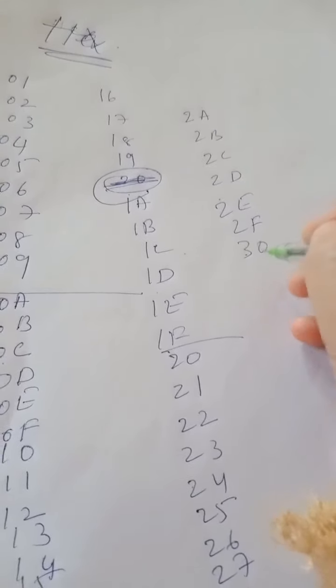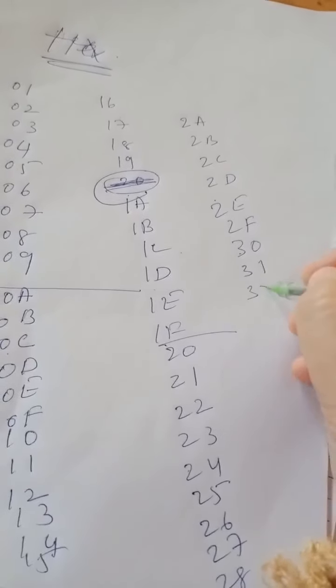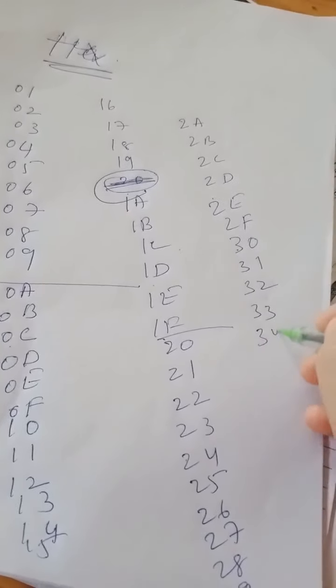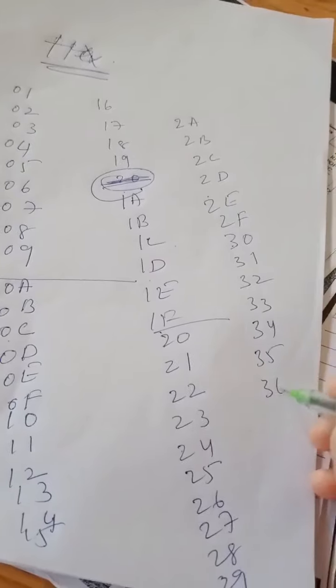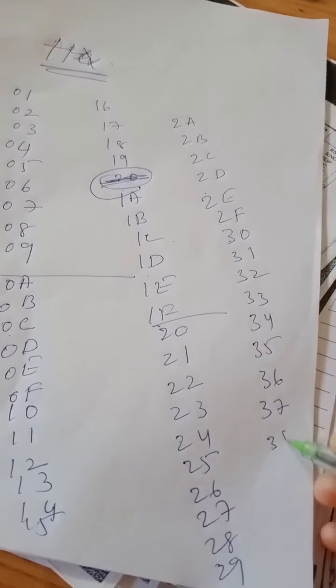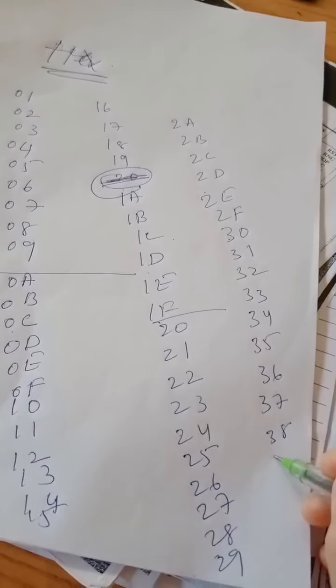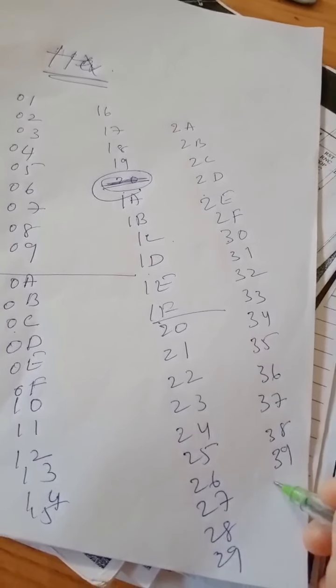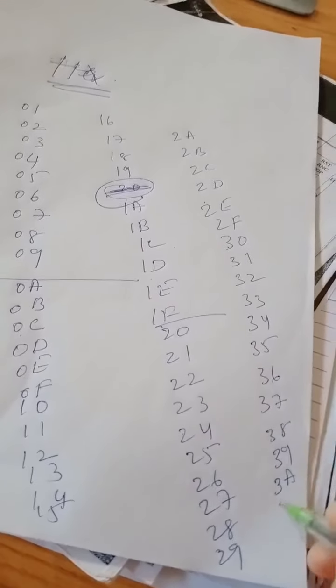Then 30, 31, 32, 33, 34, 35, 36, 37, 38, 39. Instead of 40, 3A, 3B, 3C. Like that you have to write the hexa numbers.